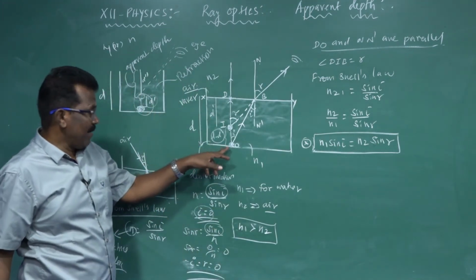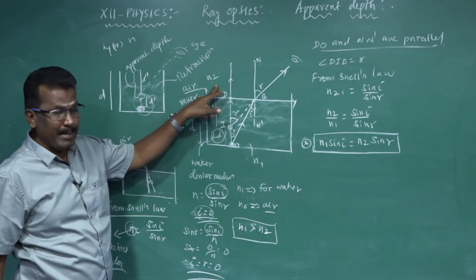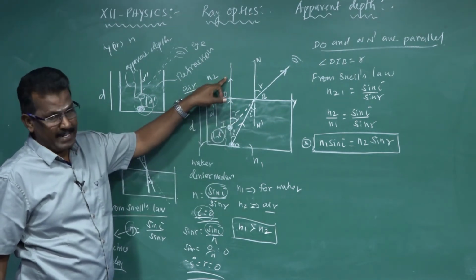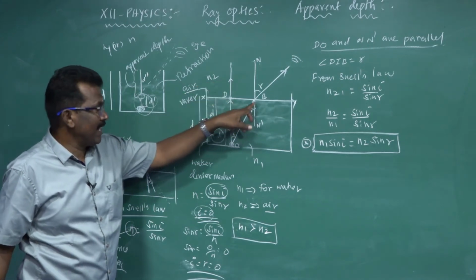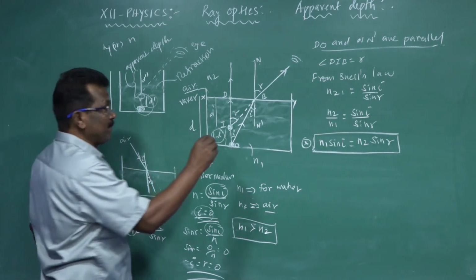If a ray of light coming from the object is incident normally at the point D, which separates the rarer medium and the denser medium, no deviation occurs. Now, when it is incident obliquely at the point D, there is a deviation away from the normal.